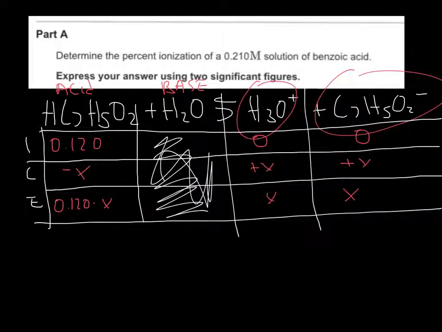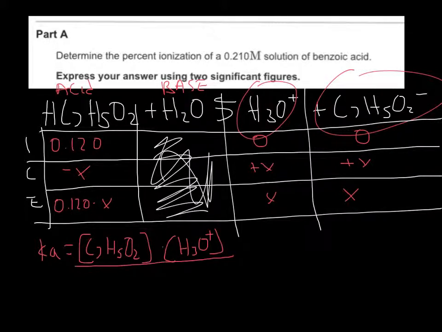Alright, now we should just write the constant expression for this. The Ka equals C7H5O2 multiplied by H3O plus all over HC7H5O2.